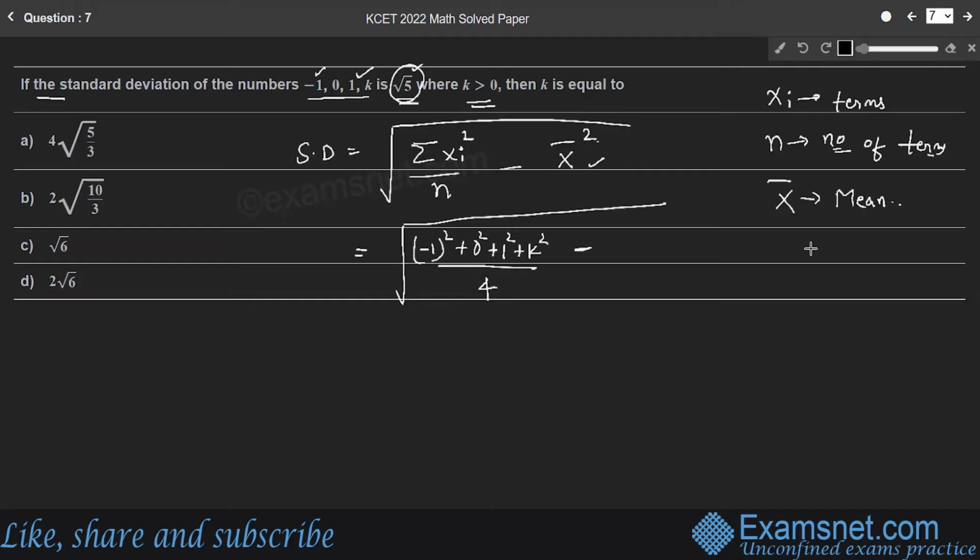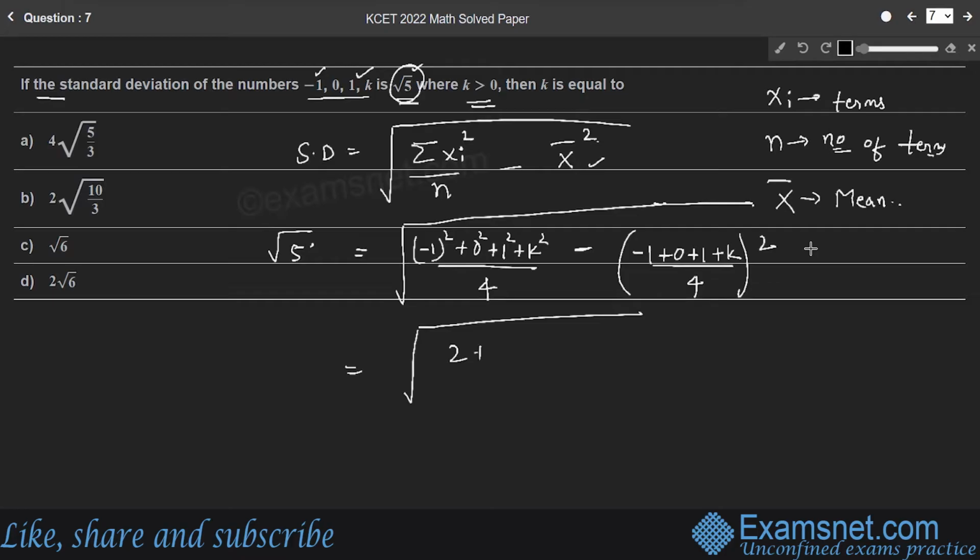The mean is the sum of all the terms divided by the number of terms, which is (minus 1 plus 0 plus 1 plus k) divided by 4. It is squared because it is the mean square. Here the standard deviation is root of 5, which is given. Therefore, the square root of (2 plus k square) divided by 4 minus, here the mean is k by 4, so its square becomes k square by 16.